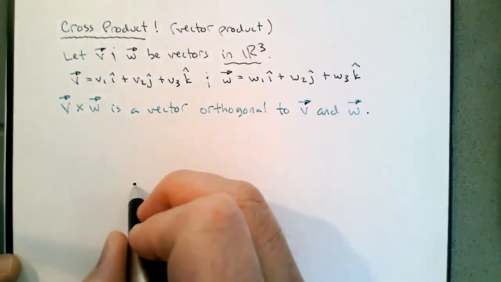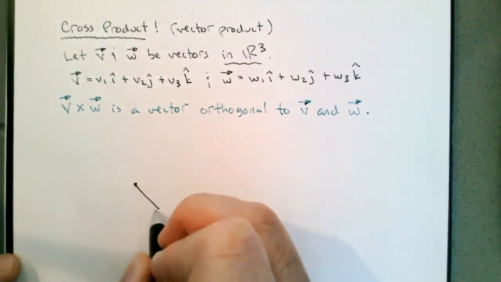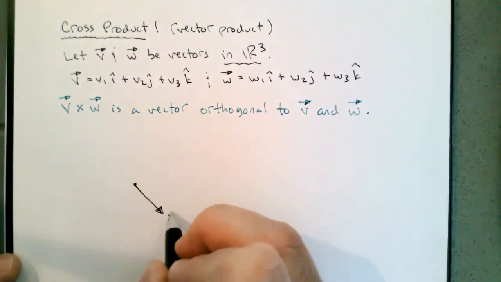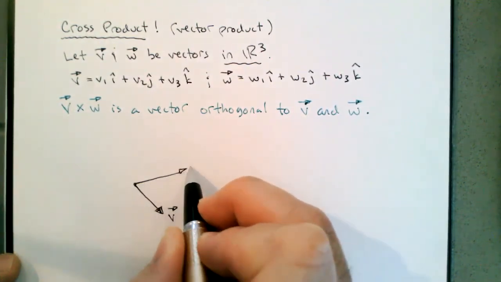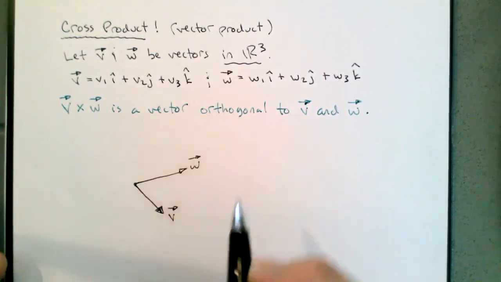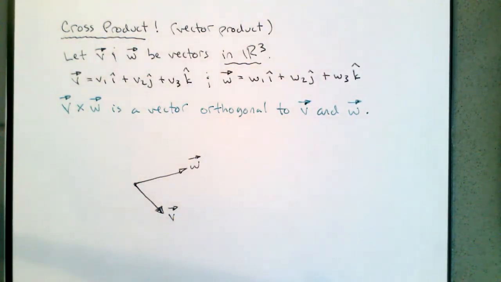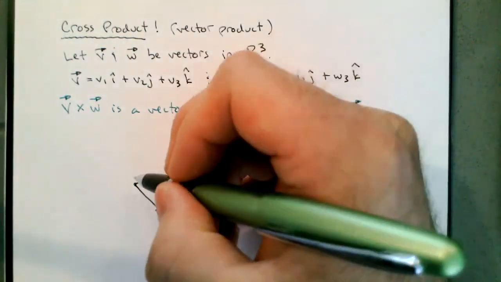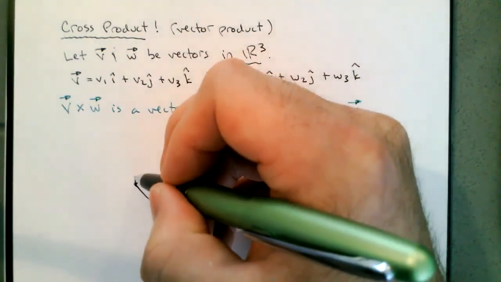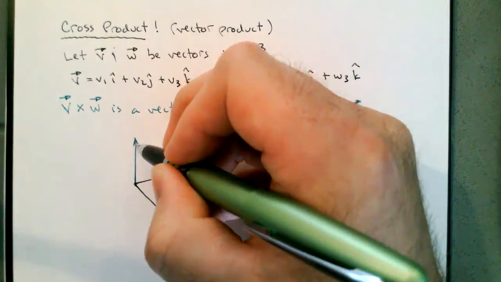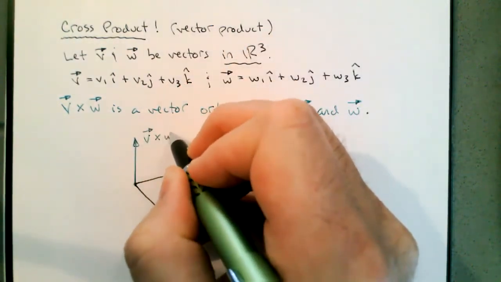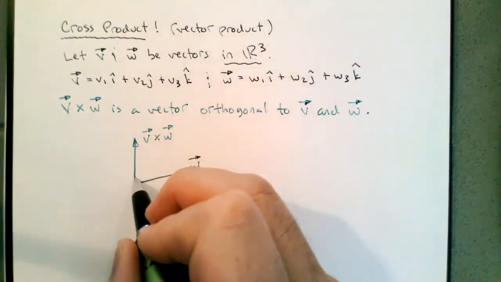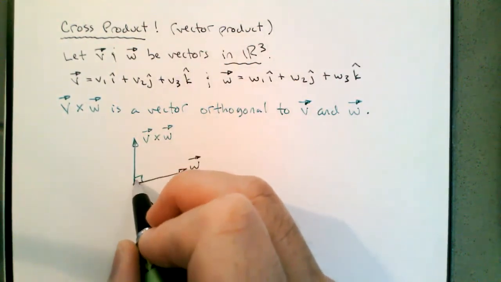If I've got a vector V and a vector W, then V cross W will be perpendicular to both of these vectors. V cross W will be perpendicular to W and also perpendicular to V.